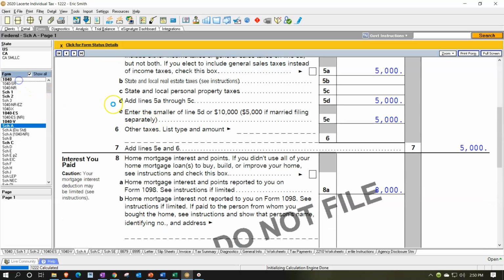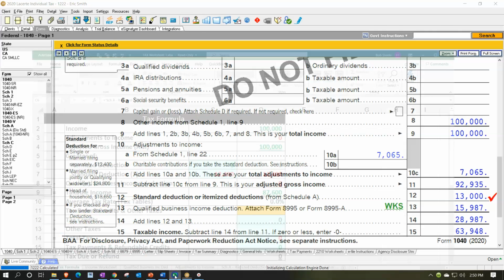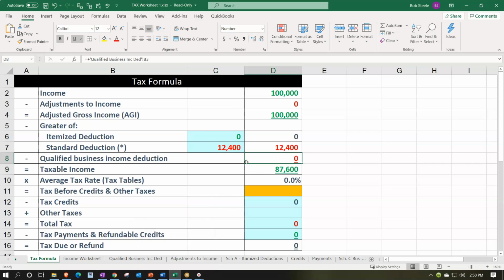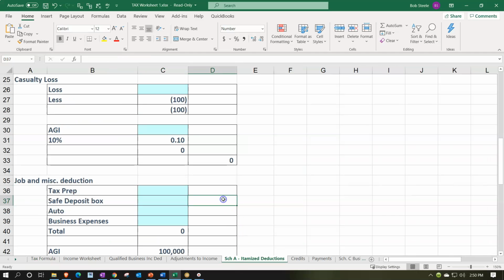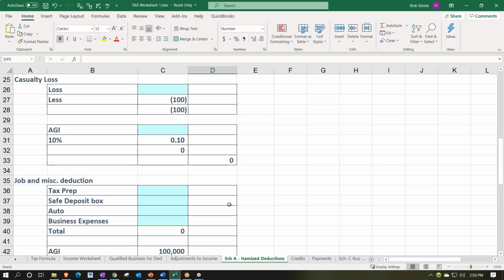So the state taxes here, I won't go over this, it's going kind of long. But again, it's the same kind of thing in terms of entering it into the Excel worksheet. Although for state taxes, you're going to have to rely a bit more on the calculation from the software, oftentimes, if you're using the tables or the state taxes for the income tax, in order to do the double check.